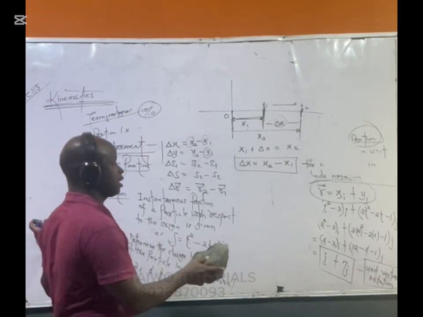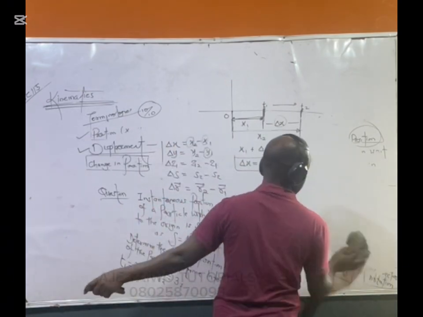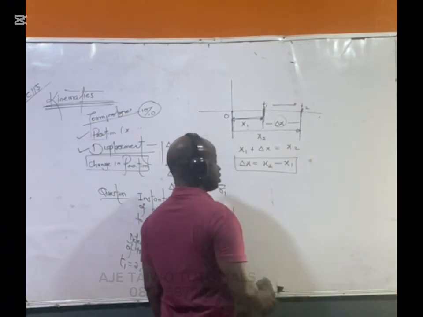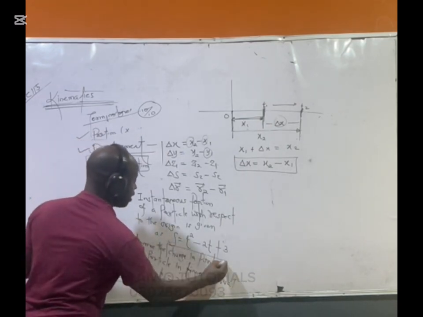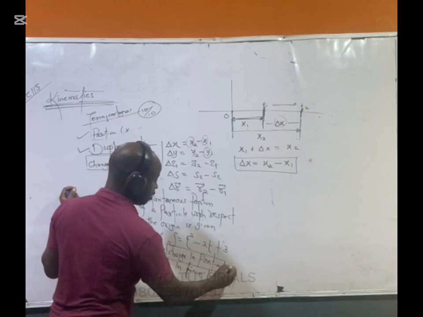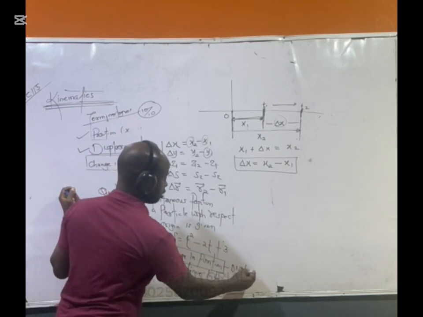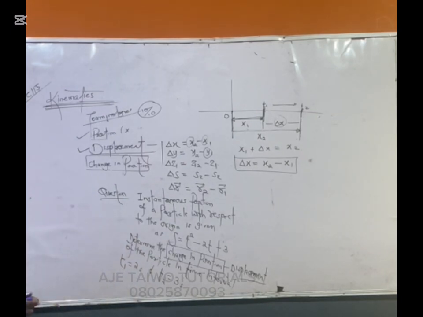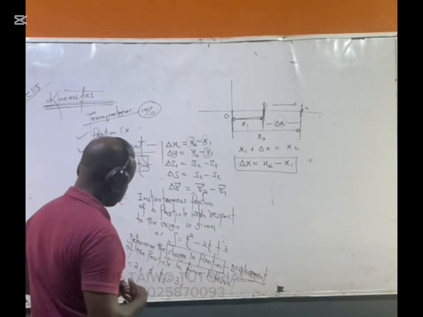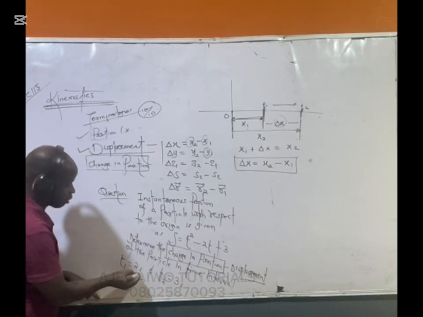That's the question. Attempt. What is the change in position? Change in position means displacement. These are our way of saying find displacement. Do that for me fast. So what's the value of t1? 2 seconds.